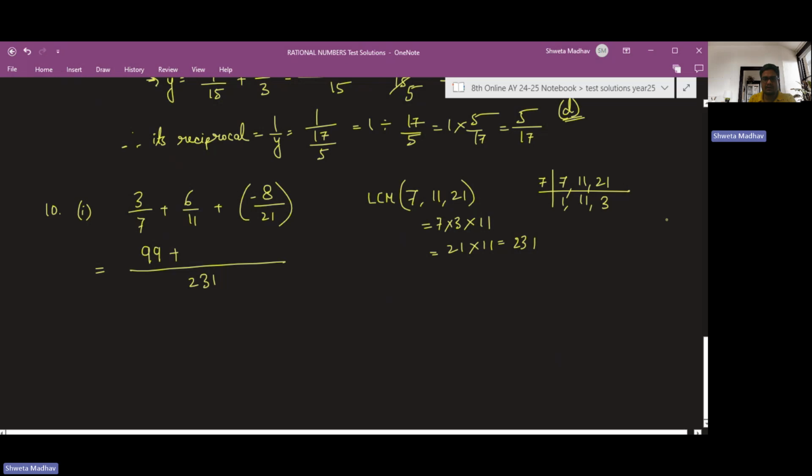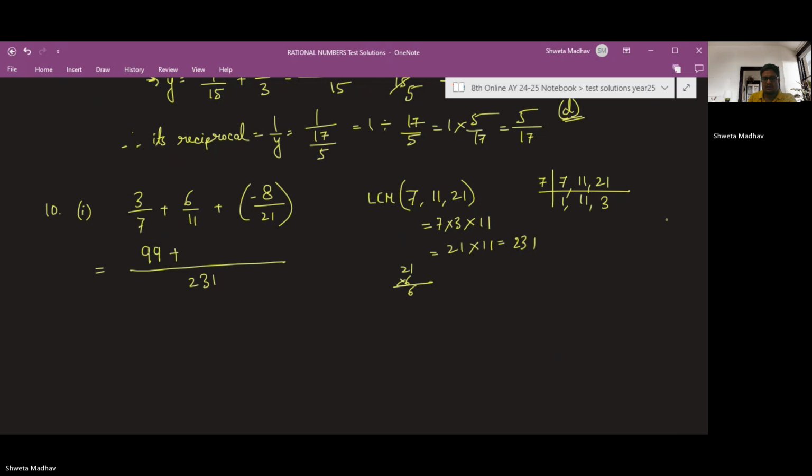Plus 11 into 21 is 231, so 21 into 6 is 126. Plus 21 into 11 is 231, so 11 into minus 8 is minus 88.